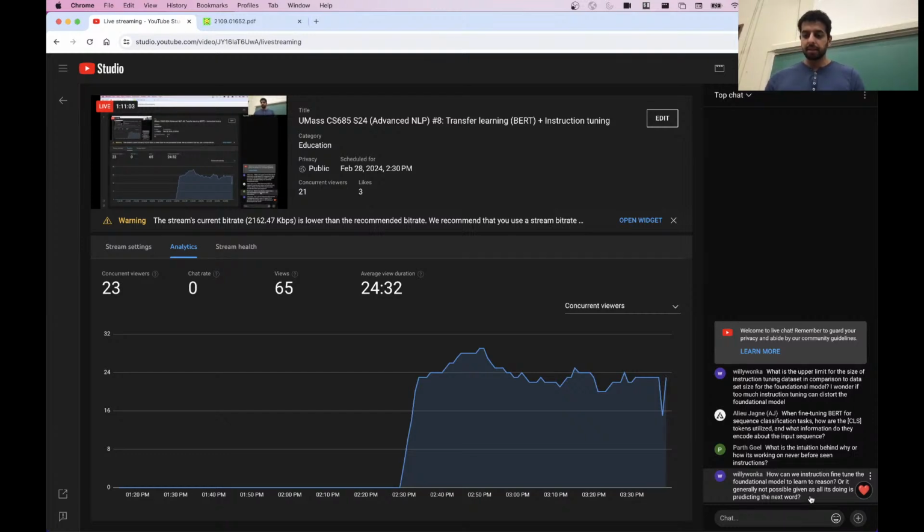How can we instruction fine-tune the foundation model to learn to reason? Or is it generally not possible given all it's doing is predicting the next word? Well, predicting the next word requires a lot of reasoning as well, especially with very complicated contexts. Going to the example before, if I ask the model to solve a complex math problem, if it's going to do it correctly, it needs to actually do all the reasoning somehow in its parameters and its attention in order to predict the correct answer, right?